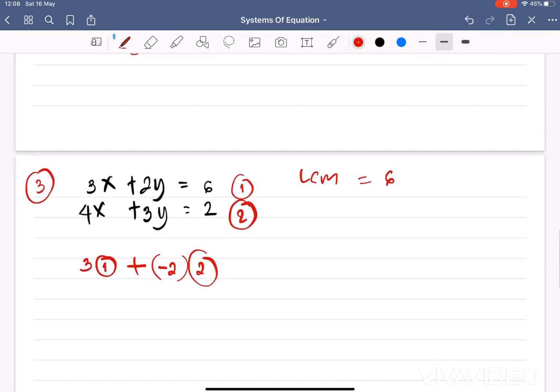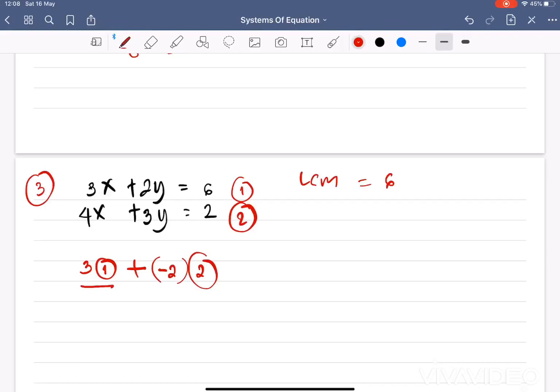If I multiply 3 to equation number 1, I will get a new equation, which is now 9x plus 6y is equal to, I multiply 3, that's 18.